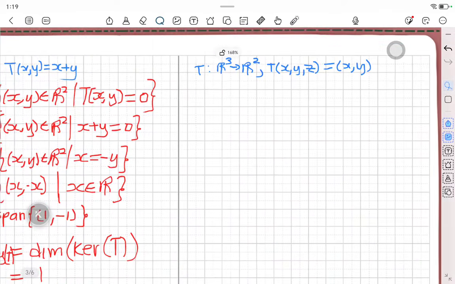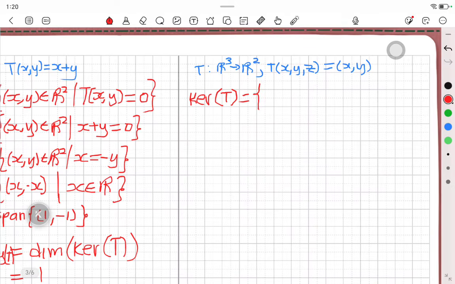Now we want to find the kernel first. We say that the kernel of T will be equal to, we first let an element be an element of R3, meaning we take x, y, z to be an element of R3, such that T of x, y, z is equal to 0.